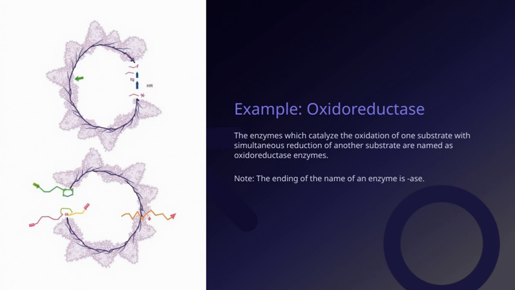For example, the enzyme itself is called an oxidoreductase. Understanding these enzymes is crucial because they play a vital role in many metabolic pathways, ensuring that energy transfer and electron flow happen efficiently within the cell. This concept ties into our overall theme of enzyme function and how enzymes drive essential biochemical reactions.